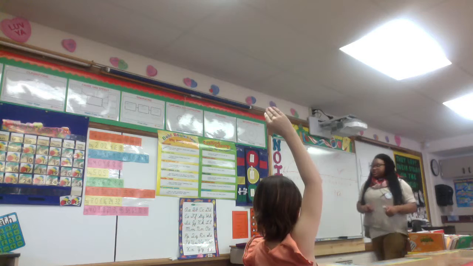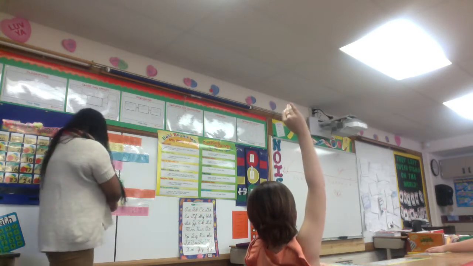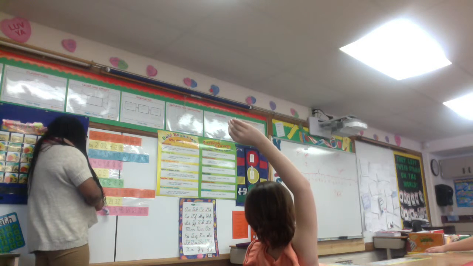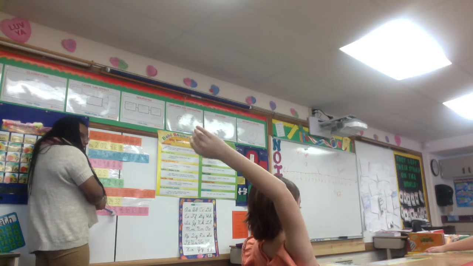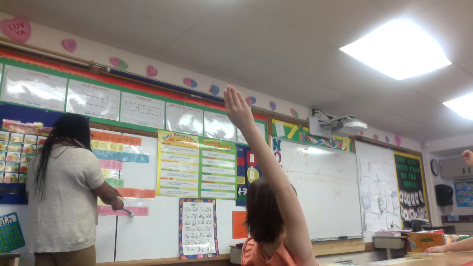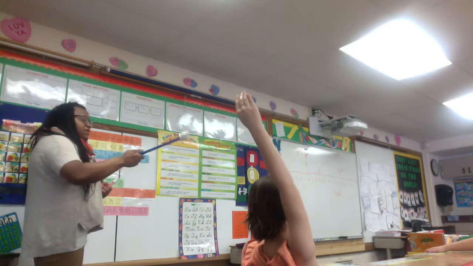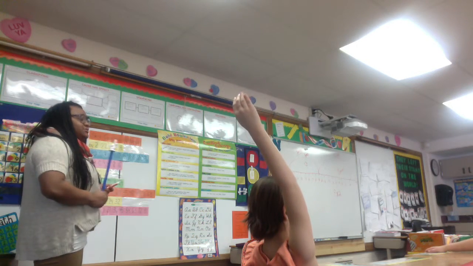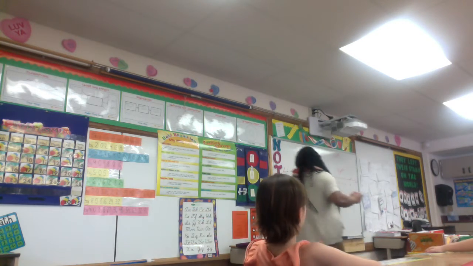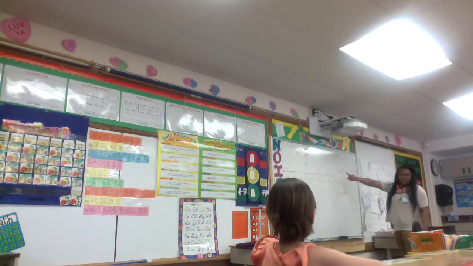Let's look at our skip count chart. 9, 18, 27, 36, 45, 54, 63, 72, 81. Do you have the answer? What's 9 times 2? 18. 9 times 2 is 18. You got it. So 9 times 2 is 18, and my graph shows me that.